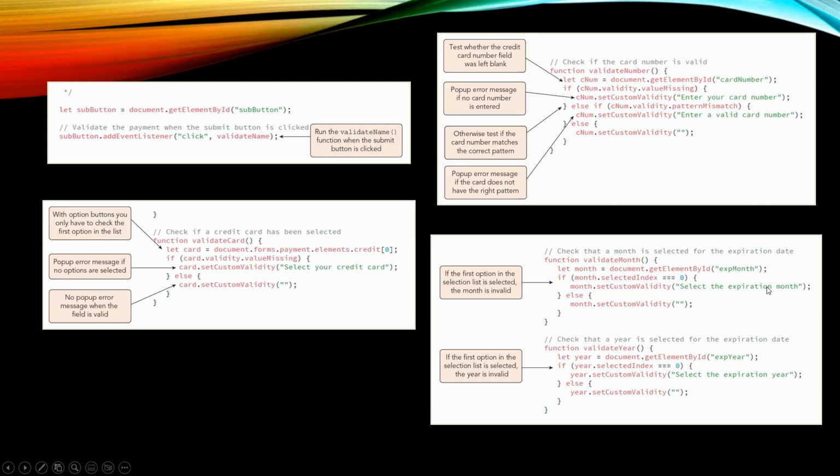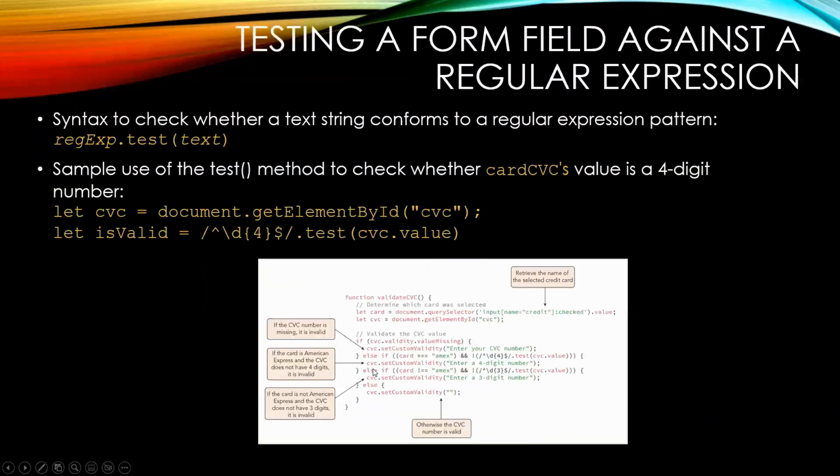It means they have not changed from the default, which is not actually a month. It's just a dummy value. The same thing happens for a year. There's a dummy value for the year, which is at the very top of the selected index at 0. So if my index is at 0, that means my user has not changed it and they need to go ahead and select an expiration year.